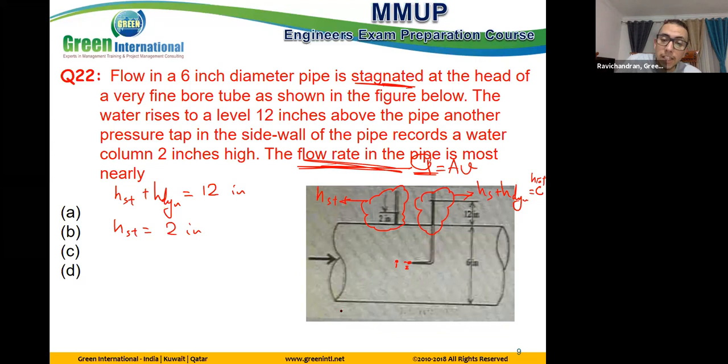Correct. Q equals AV equals pi over 4 d squared times V, with d equal to 6 inch. So it is pi over 4 times (6 divided by 12) squared times V.